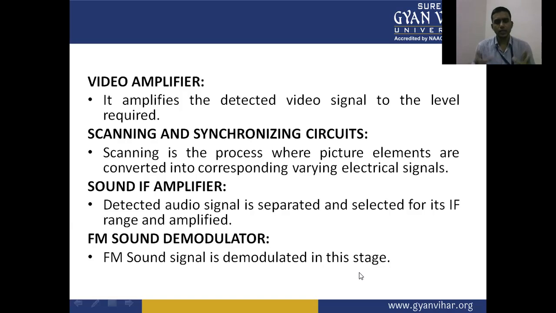The sound IF amplifier: the detected audio signal is separated and selected for its intermediate frequency range and amplified. The FM sound demodulator is a device to demodulate the FM signal in this stage.